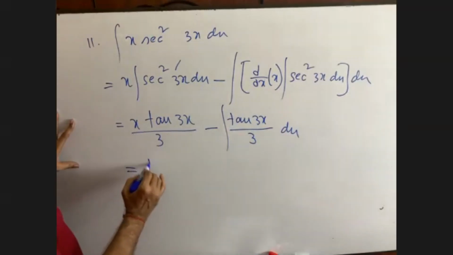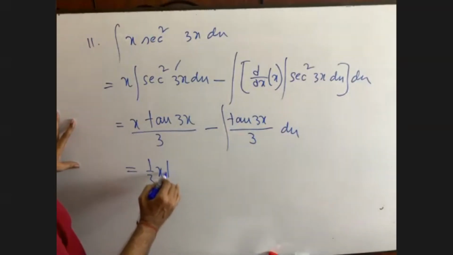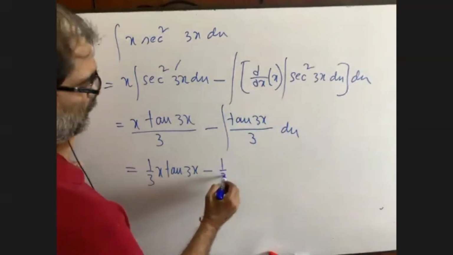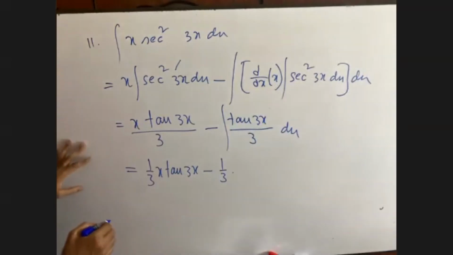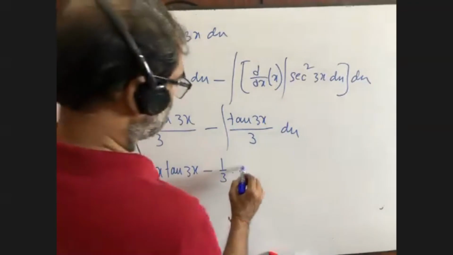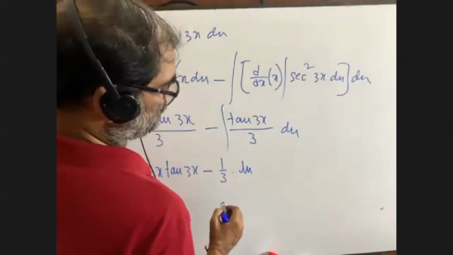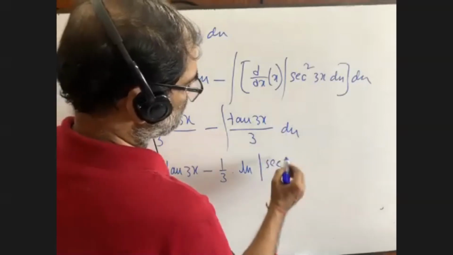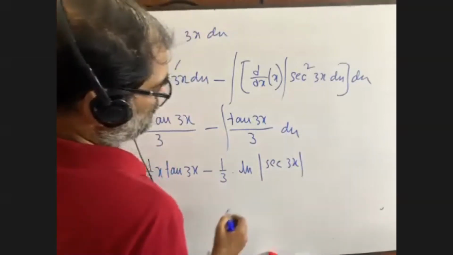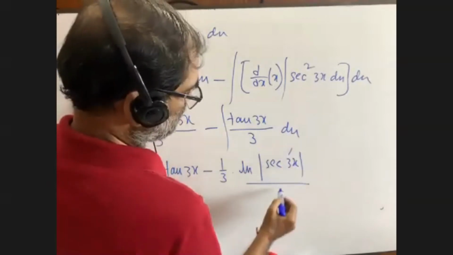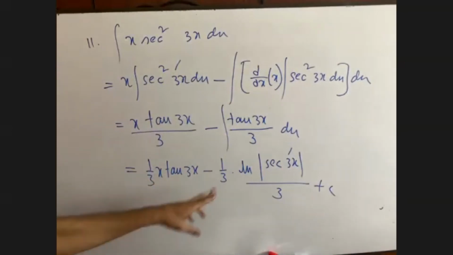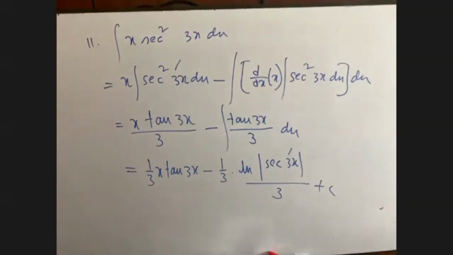So we are getting 1 by 3 x tan 3x minus 1 by 3 times the integration of tan 3x. What is the integration of tan x? Ln sec x, so ln sec 3x divided by this 3, plus c. So we have got our answer. You have to write down just 1 by 9, nothing else.